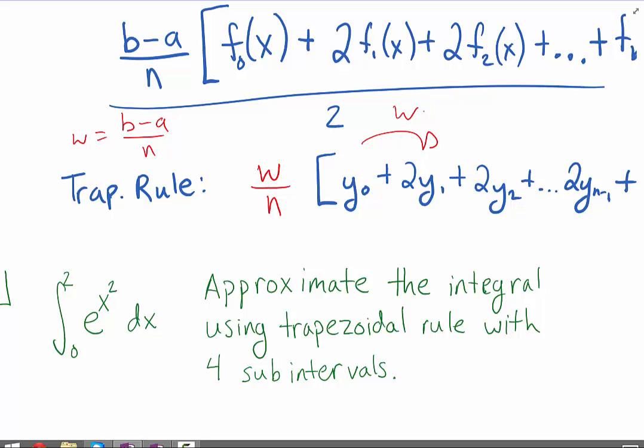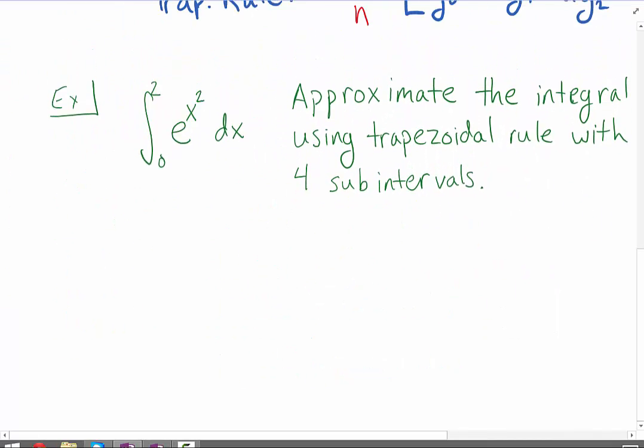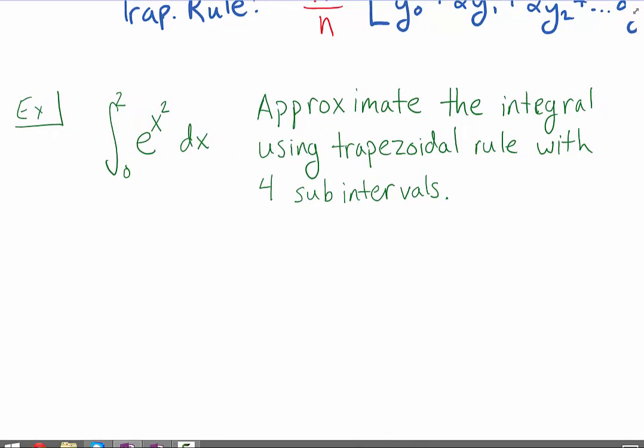So the example that I have is a little bit of a harder one because we're going to use e to the x squared. And again, this symbol right here, that squiggly, is an integral. So that means integral means area under the curve.